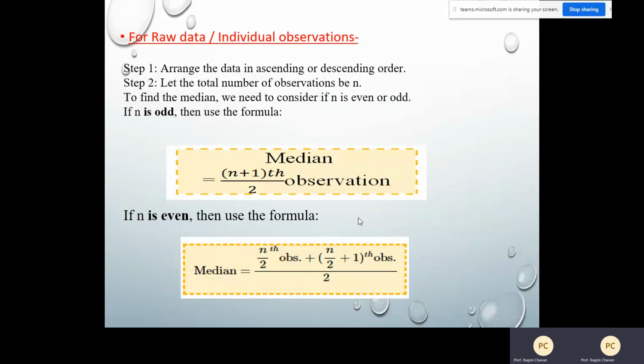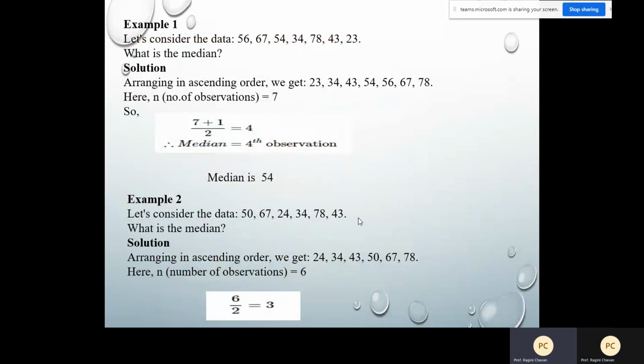If the number of observations is odd, the formula is the (n plus 1) by 2th observation. And if the number of observations is even, the median formula is the n by 2th observation plus the (n by 2 plus 1)th observation, divided by 2. So to find the median, it is necessary to check whether the number of observations is even or odd.